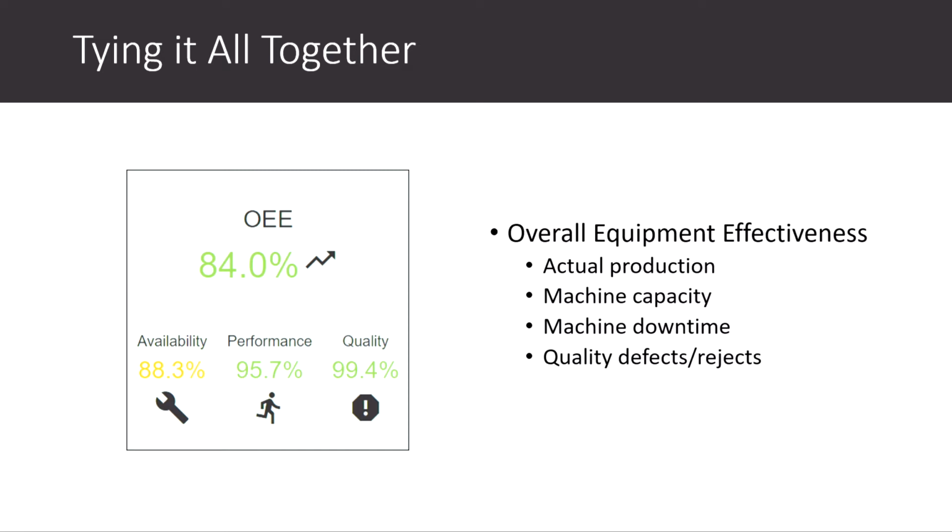Are you producing as much as you should be? That could be based on the workers or on product timing and whatnot. As well as quality: how many rejects compared to good products are coming out. You break down all 3 percentages and multiply them together and you get the overall OEE value. And then you can use that value to just say, this machine's doing well or not so well.